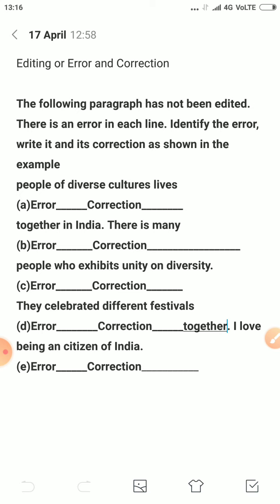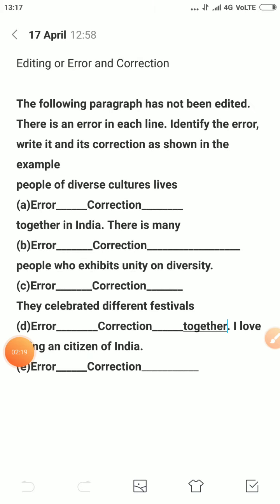First, the techniques of finding errors. The first thing you have to understand is which kind of tense the sentence is in. Tense is really important.